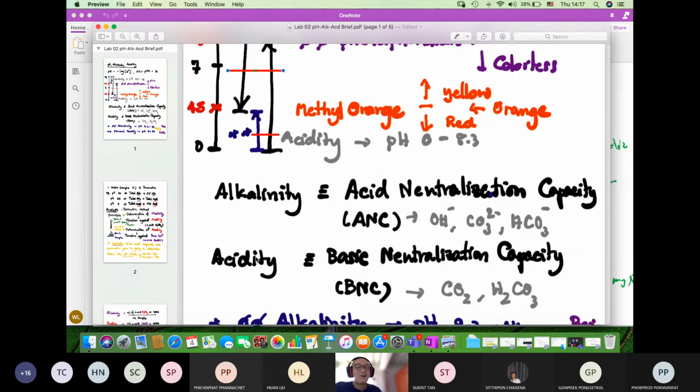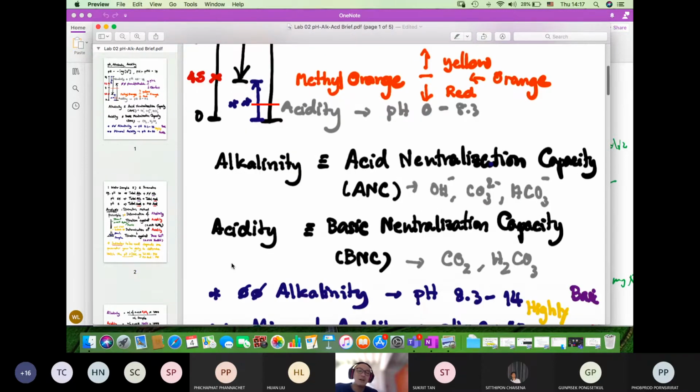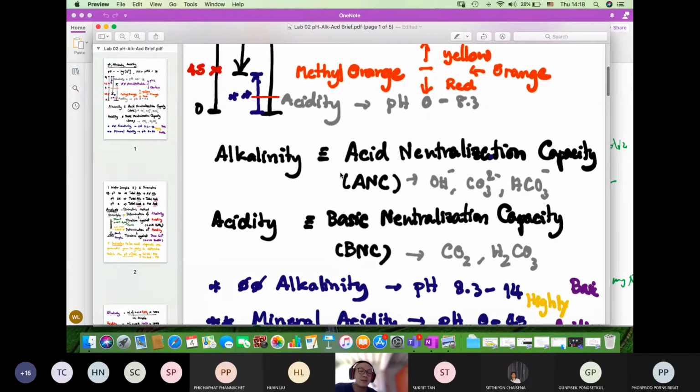For alkalinity, as I mentioned, the major cause is the dissolved carbonate species. Carbonate species refers to the carbonate ion, the bicarbonate ion, and the hydroxide ion. These three are the major causes of alkalinity in nature. Alkalinity refers to the acid neutralization capacity, as I mentioned earlier.